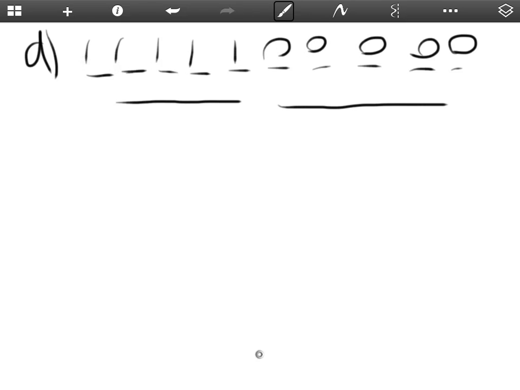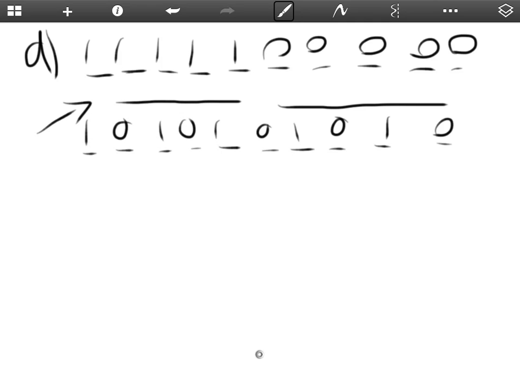And what's the number of these there are? Well, there's more than just one. I could have 0, 1, 0, 1, 0, 1, 0, 1, 0, 1. It still has 5. Remember, order doesn't matter.